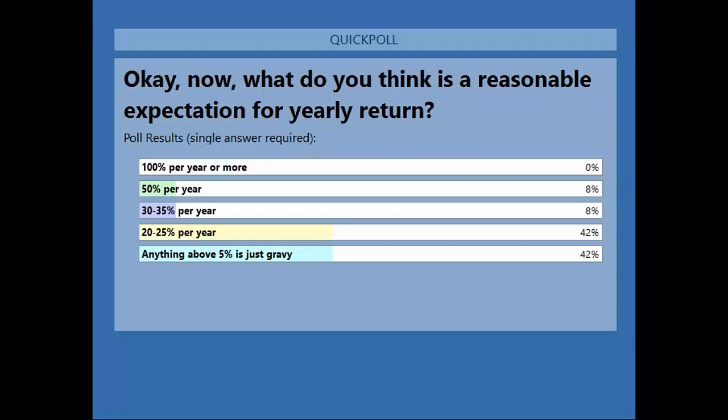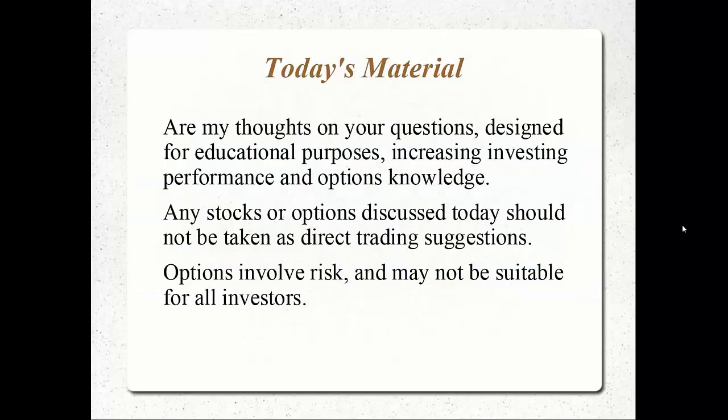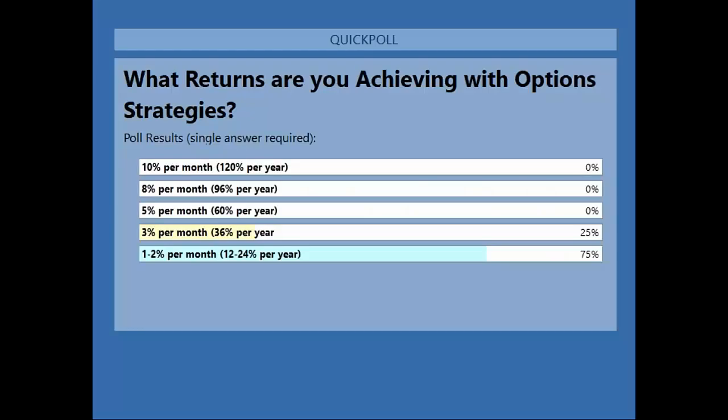Okay, and then we talked about what we were actually achieving as well, and it wasn't quite as close, but kind of. You had 25% saying 3% per month, fantastic, and 75% are realizing 1 to 2% per month, which comes out to 12 to 24% per year.